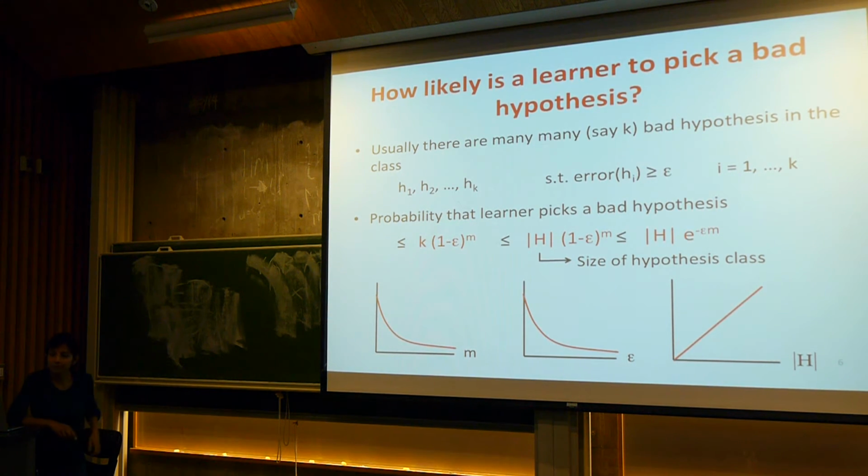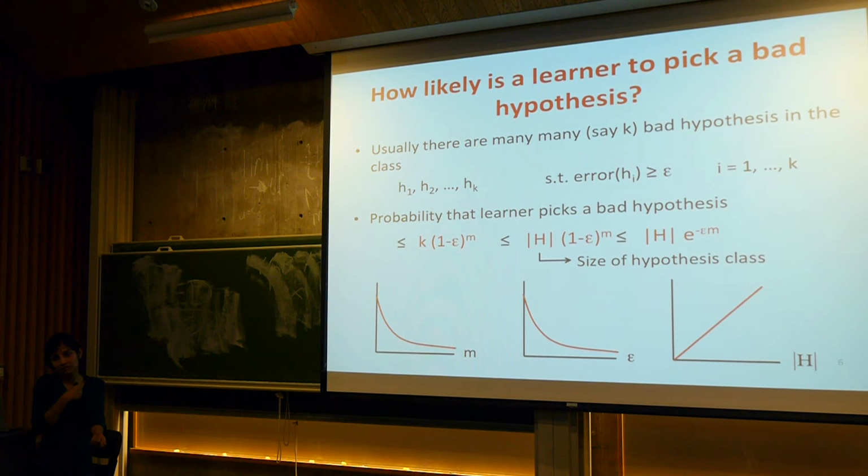Could you explain more about the middle graph, the epsilon? I don't know why, when the training error is high, the probability to take a better hypothesis is low. As epsilon increases, we are characterizing the set of bad hypotheses as ones which have true error bigger than epsilon. As epsilon increases, they have higher and higher true error, right? So what's the chance they'll actually get 0 training error? It's going to be very small.